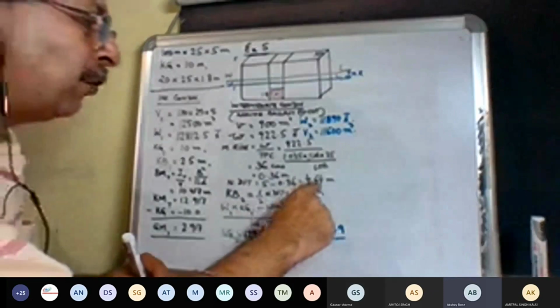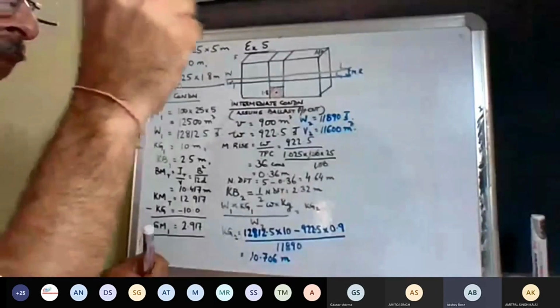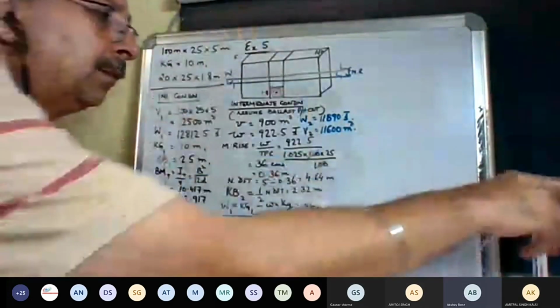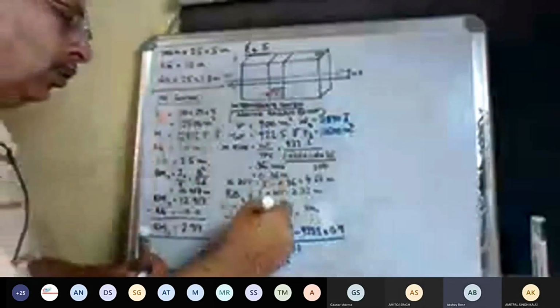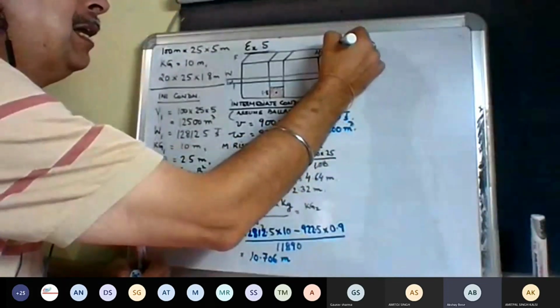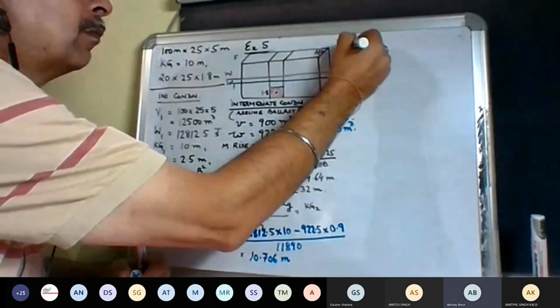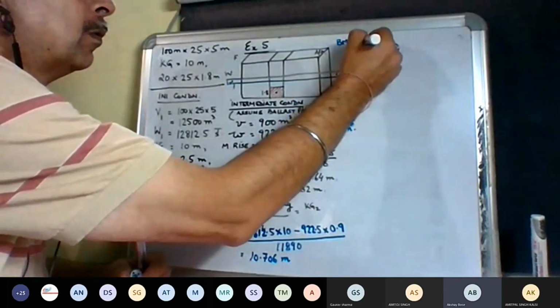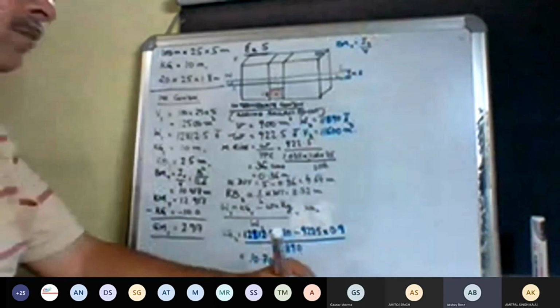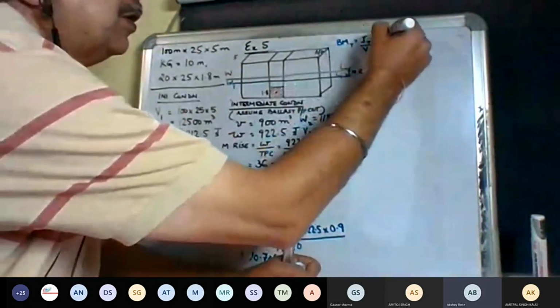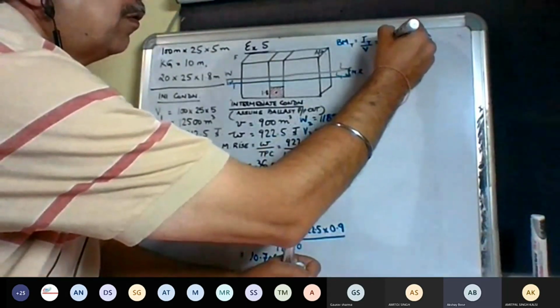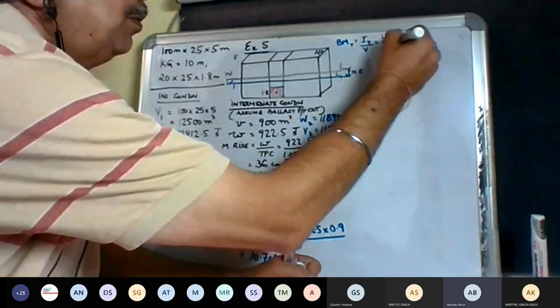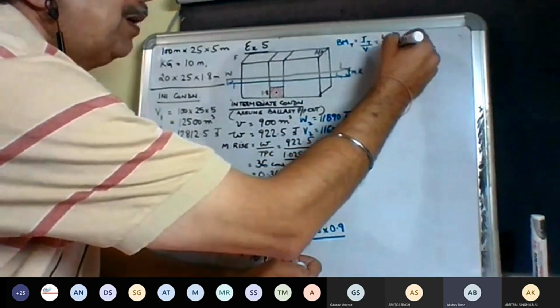I am now floating at 4.64. Okay, so KB2 has been found. Let us now come to BMT. BMT is equal to I by V, which is equal to LB cube by 12V.